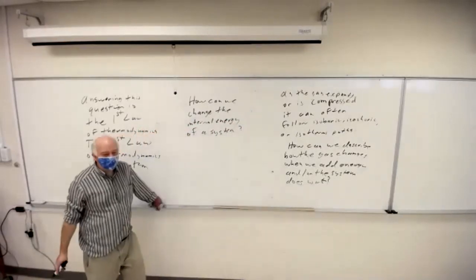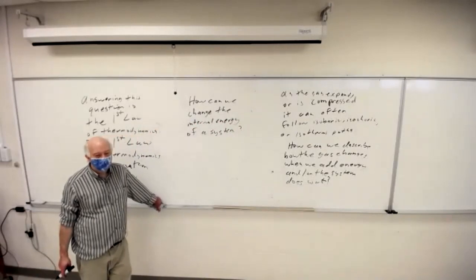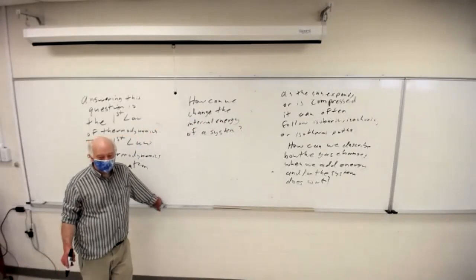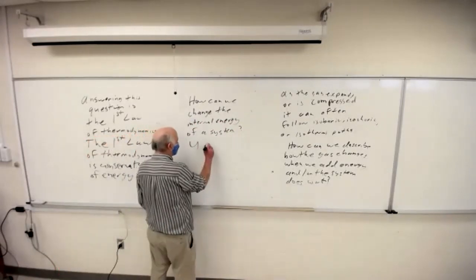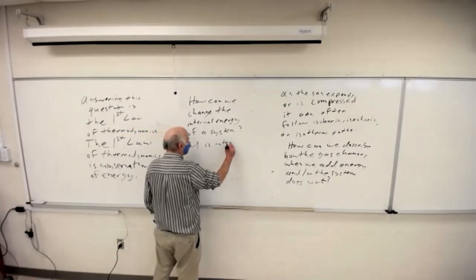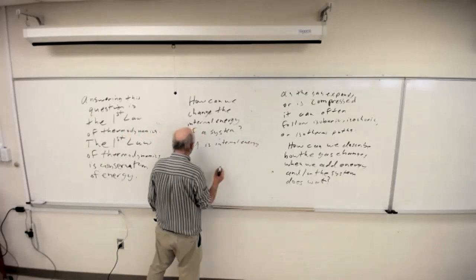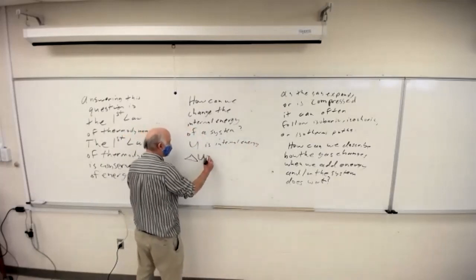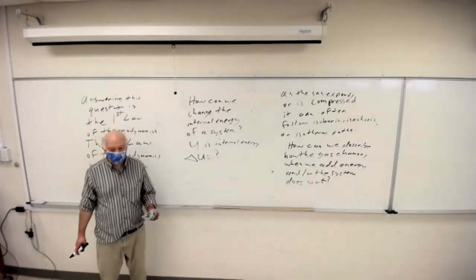Okay, so what's the symbol for internal energy? We haven't used it in a little bit. We used it on Monday. Okay, it's going to be U, the internal energy. So we want to ask, what is delta U? How can we change that?